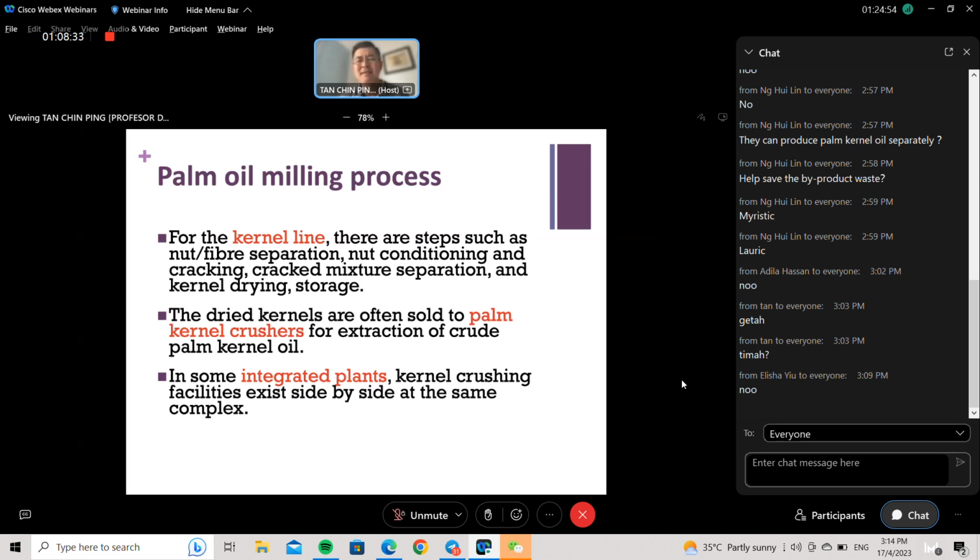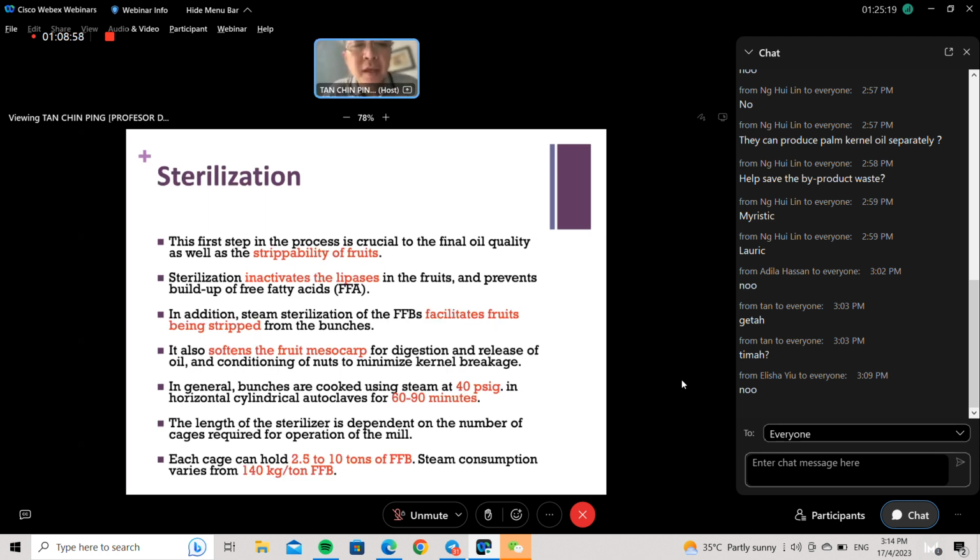A similar taste because it is a similar category of oil, a lauric oil like coconut. Okay, so the meat actually tastes a little bit like matured coconut meat, the hard coconut, not the kelapa muda meat. All right.